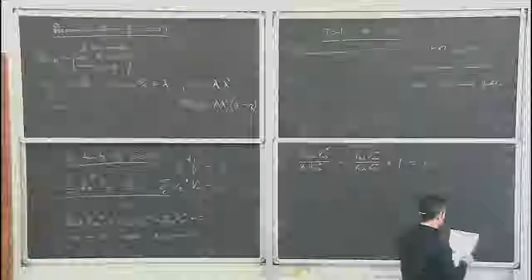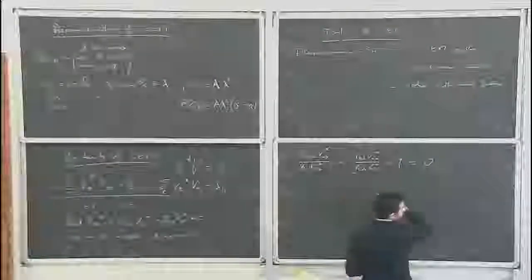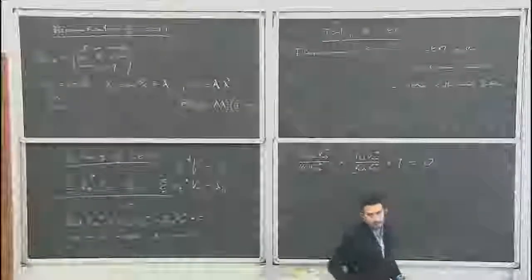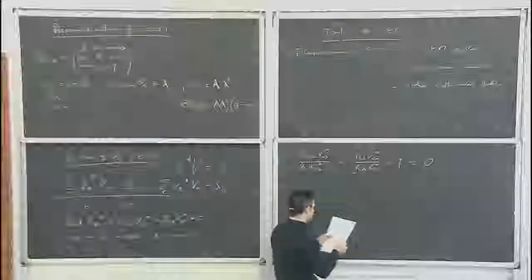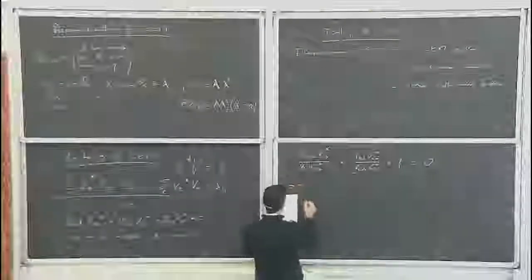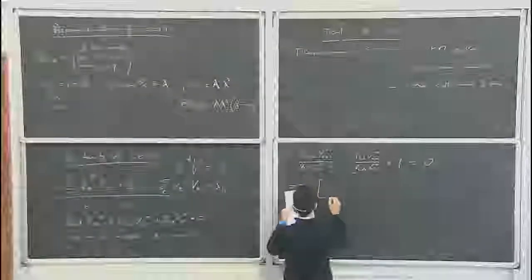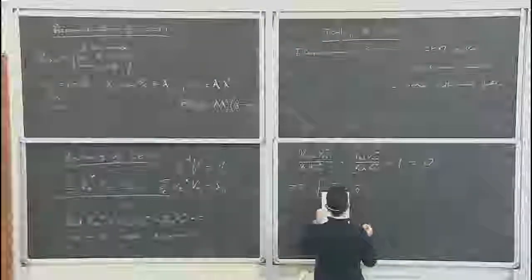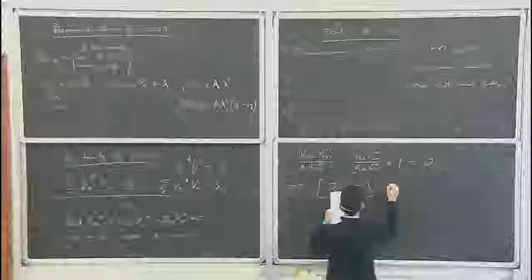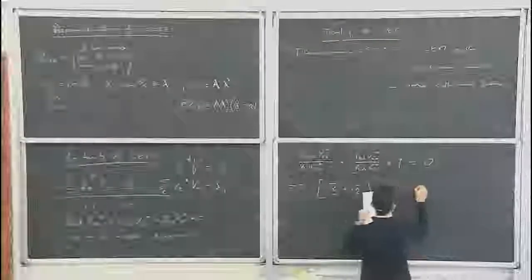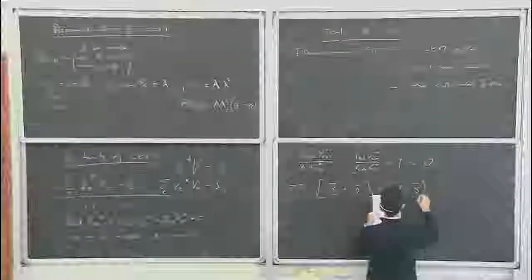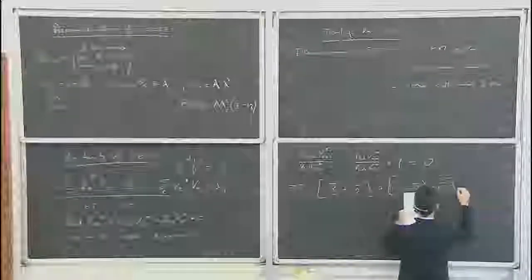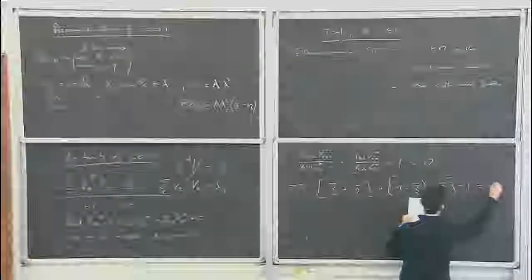So if now I just replace these ratios with the Wolfenstein parameterization, it turns out that this can be written out as rho bar plus i eta bar plus 1 minus rho bar minus i eta bar minus 1 equals 0.